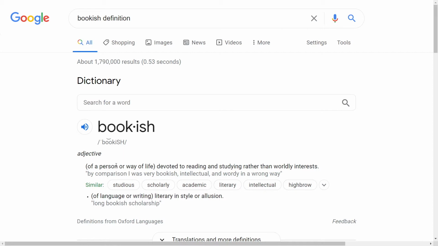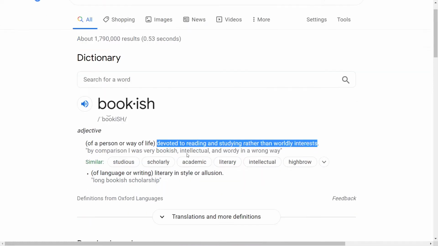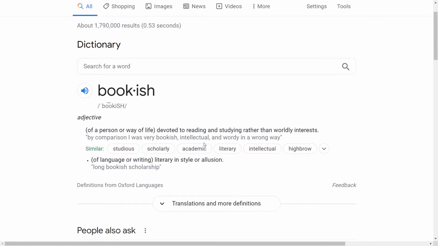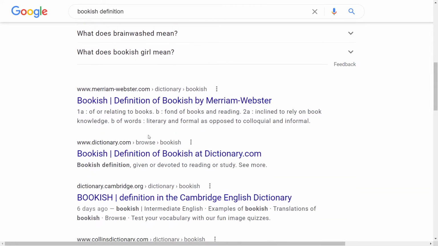The first thing that comes up in Google is that bookish, as it relates to a person or way of life, means devoted to reading and studying rather than worldly interests. Okay, so that's one definition. Then Merriam-Webster says, fond of books and reading.